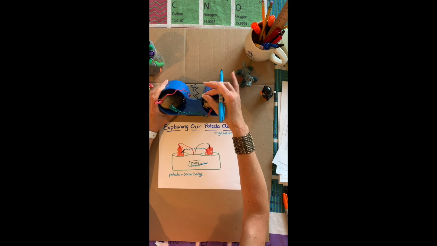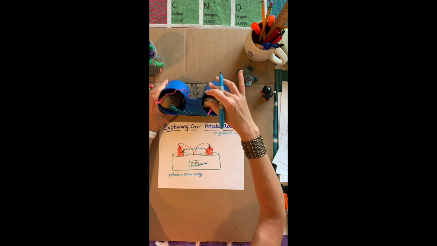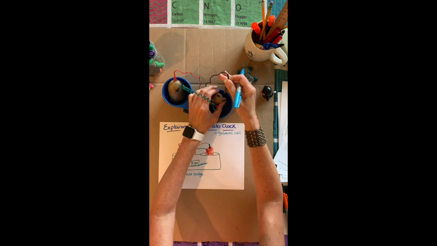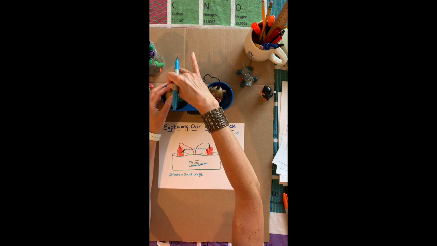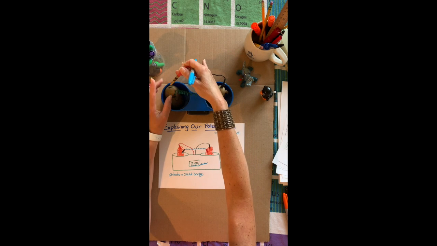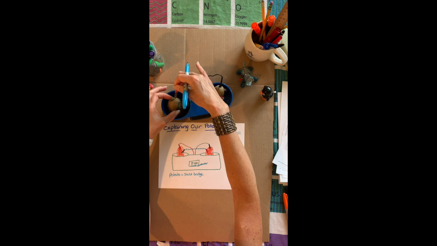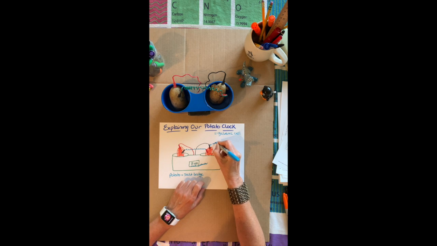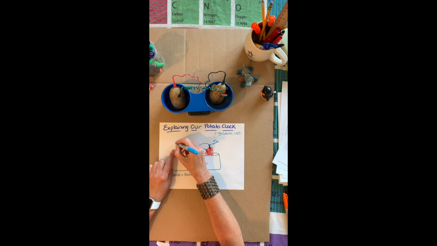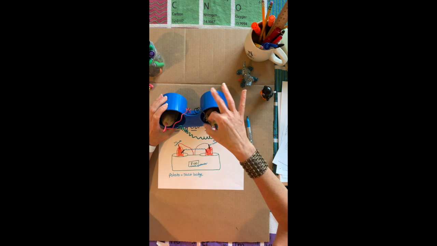The black wire is the anode, and this anode is actually made up of zinc metal. The red wire is the cathode, and that's actually copper metal. So the black is the anode, the red is the copper cathode, right?